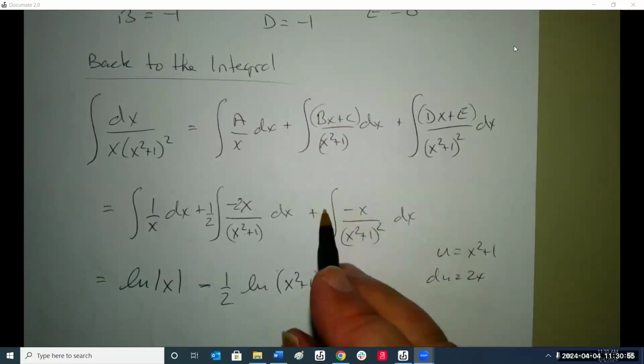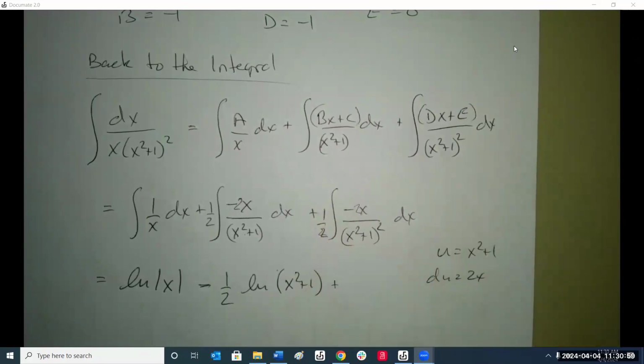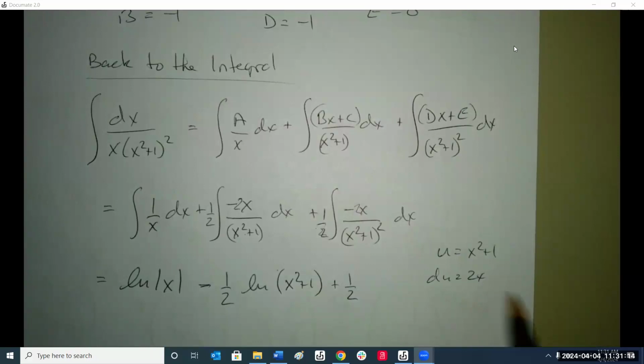Since we need 2x, we need a 1/2 out here. The negative goes out front.